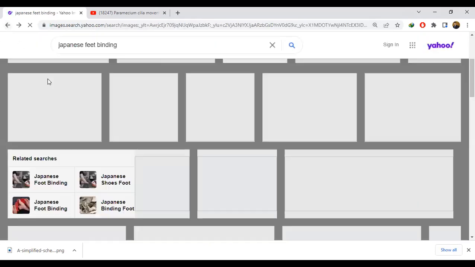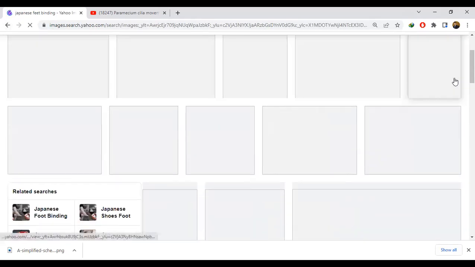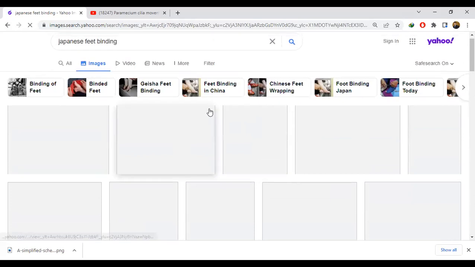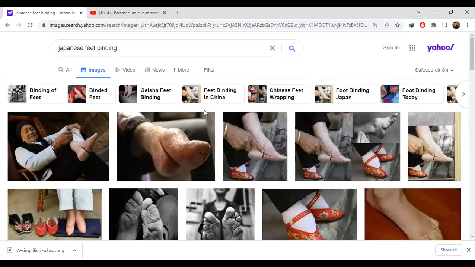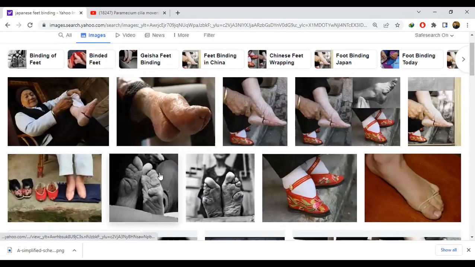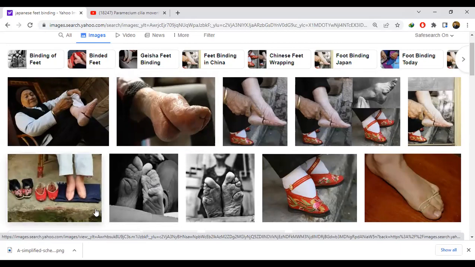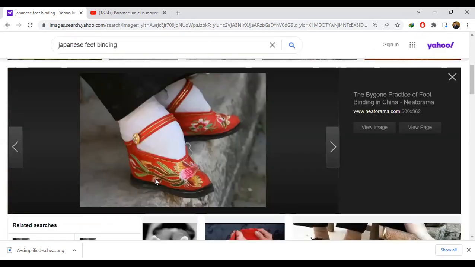What they did was, in Japan, once upon a time, there was a big belief that females with small feet will bring fortune to the family. So this kind of shoes were the only choices given to the girls. Understood?